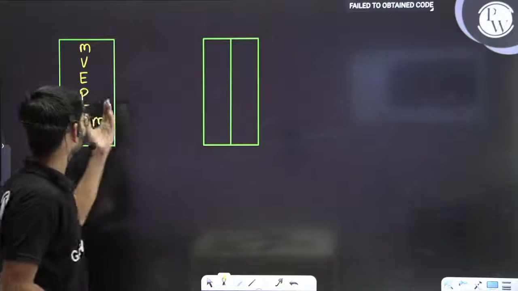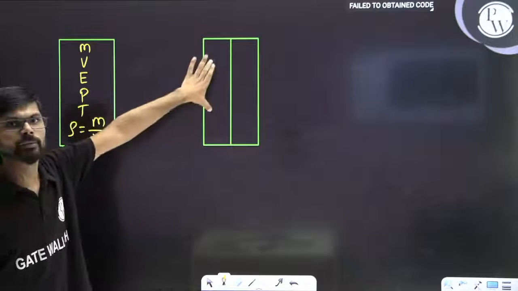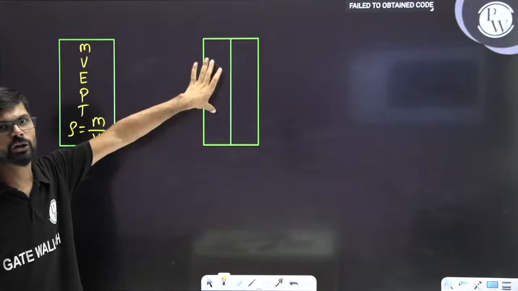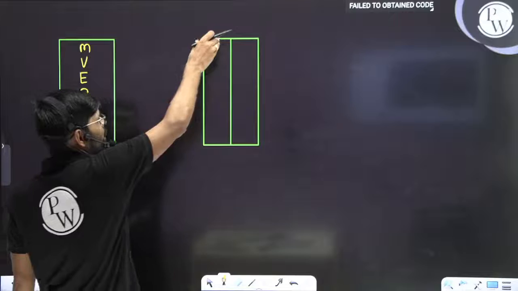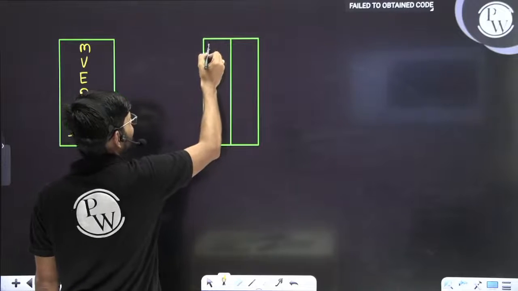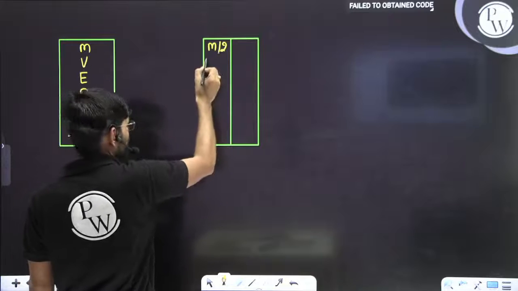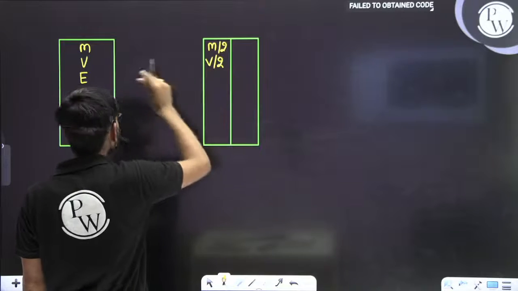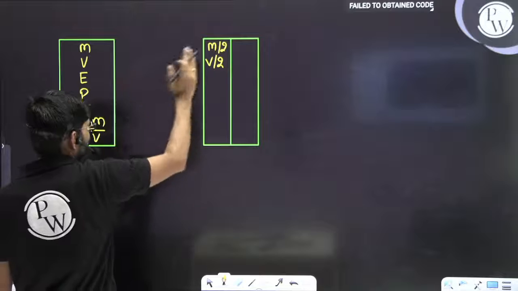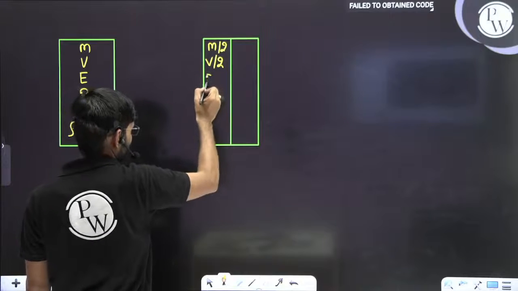If you divide in 2 parts, let's talk about one side only. What about the mass? Mass will obviously be half. What about volume? Volume will also be half. Energy will also become half.